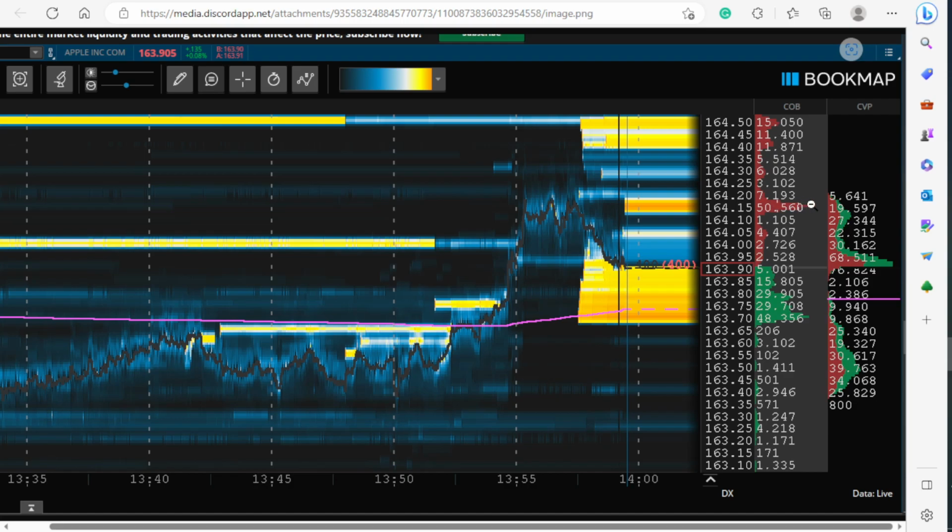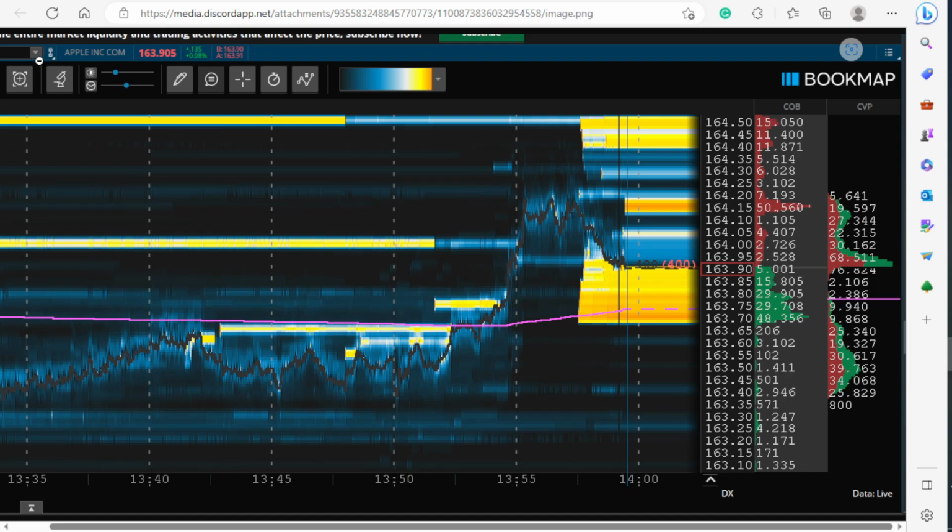There's a lot of people trying to get rid of supply, and the more we revisit that, the more this wall is getting absorbed. If you see 164.15 getting tapped multiple times, eventually all that liquidity gets sucked up, and then we go over to the next level of liquidity, where you see a little bit more selling pressure. So what happened when we hit this 164.15 level?